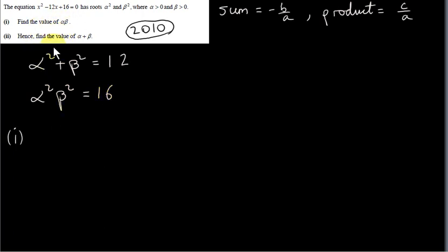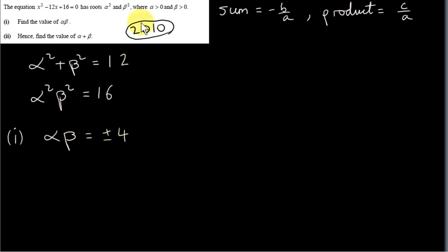Now, it's easy to get alpha beta because we know that alpha squared beta squared is 16. So alpha beta is just the square root of 16, which is plus or minus 4. The square root of alpha squared beta squared is alpha beta. The square root of 16 is plus or minus 4.